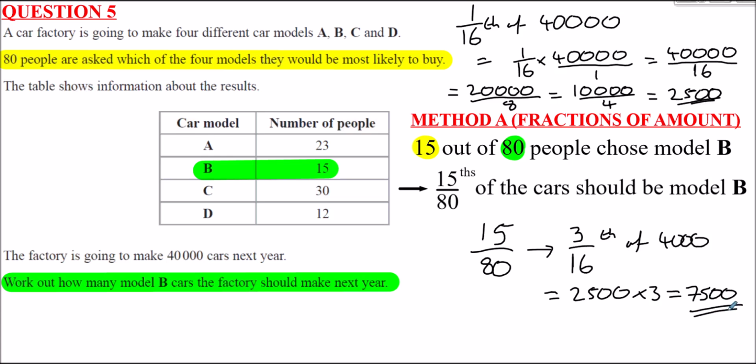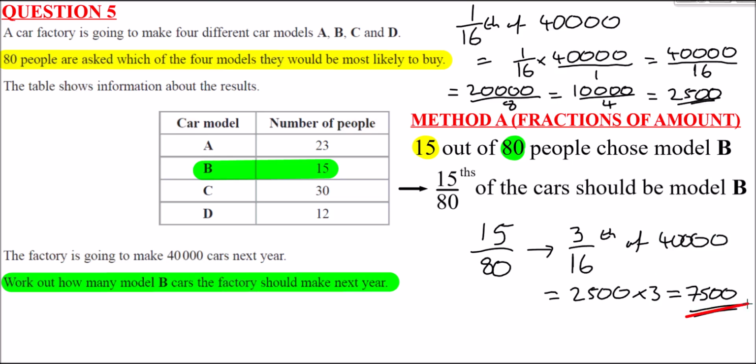So the projected total number of Model B cars which should be made is 7,500, because this is 3/16 of the 40,000 cars. 3/16 of 40,000 is 7,500.